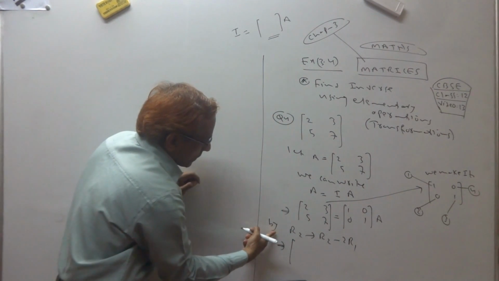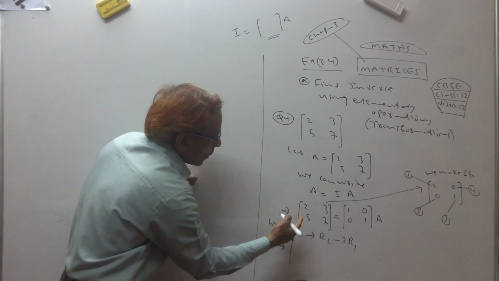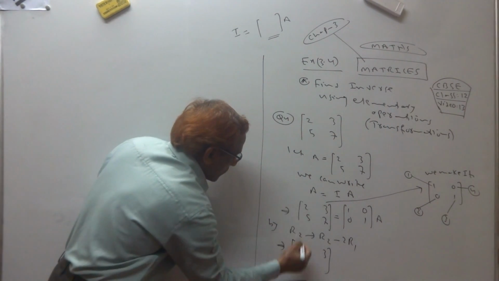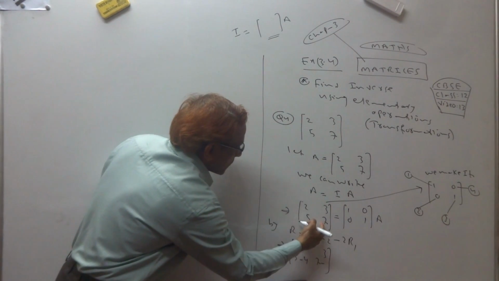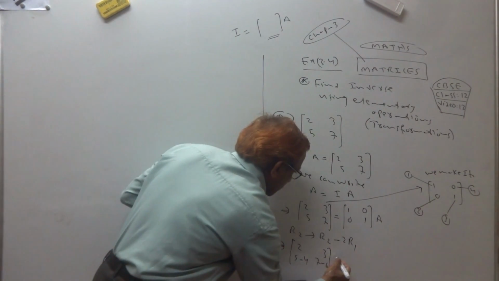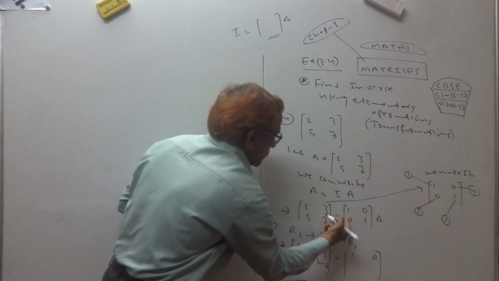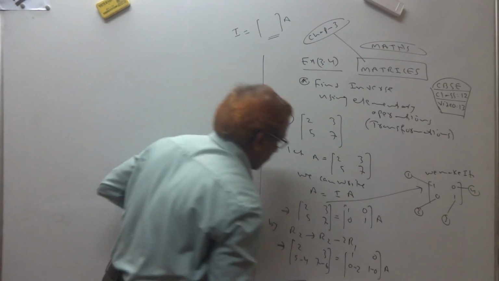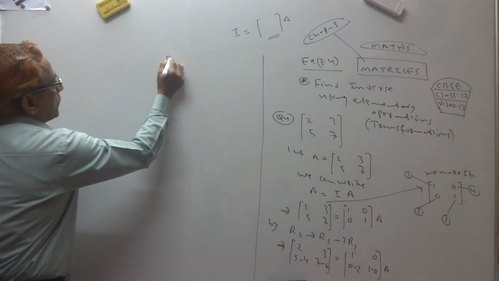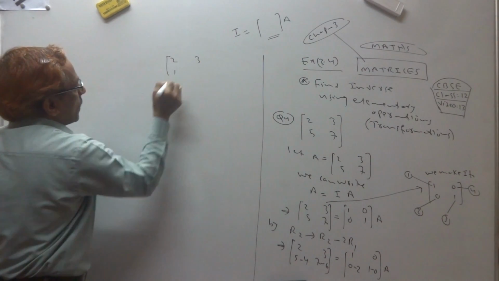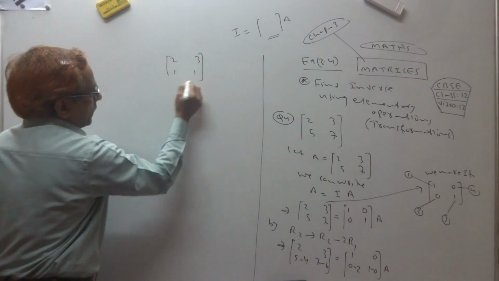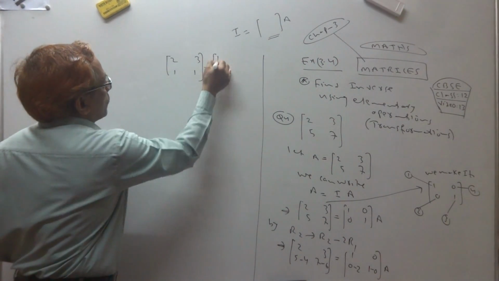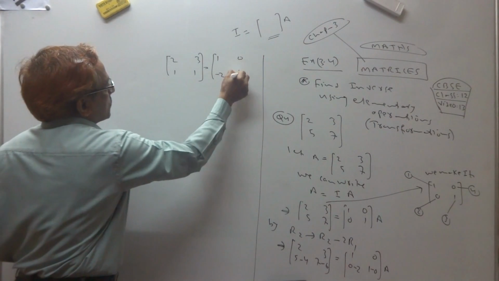R2 will change: 5 minus 2 twos are 4, 7 minus 2 threes are 6, 0 minus 2 ones are 2, 1 minus 0 is 1. So we get the matrix with rows 1, 0 and minus 2, 1.